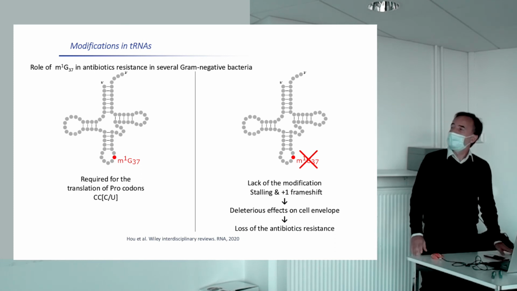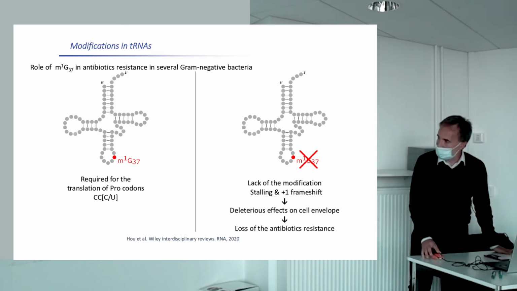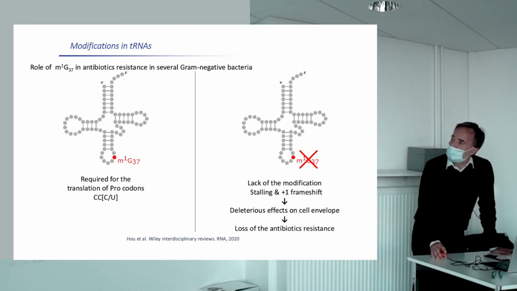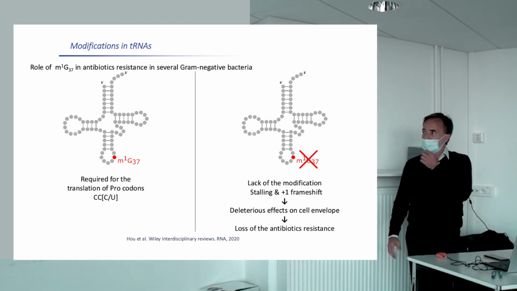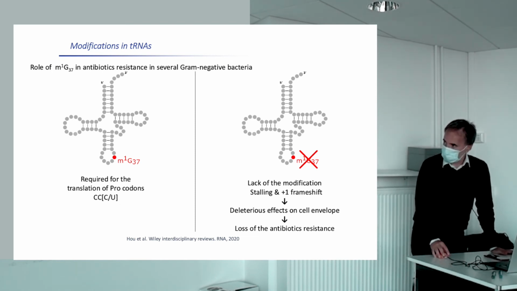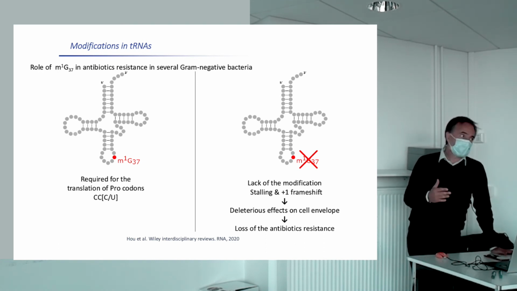And what has been shown is that, in fact, in this bacteria, the methylation of G37, close to the anticodon here, is necessary to translate those proteins. TrmD is the name of the enzyme that is methylating the G in position 37.